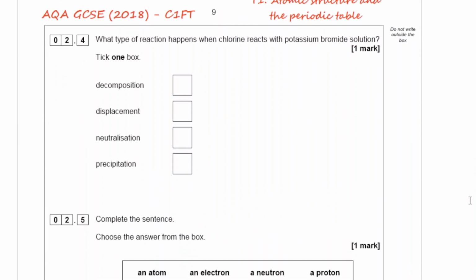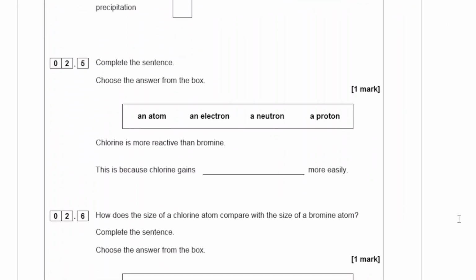What type of chemical reaction happens when chlorine reacts with potassium bromide solution? It will be displacement. Decomposition is when it's breaking down. Neutralization is when an acid reacts with a base or alkali. Precipitation is when a solid is formed. Chlorine is more reactive than bromine.